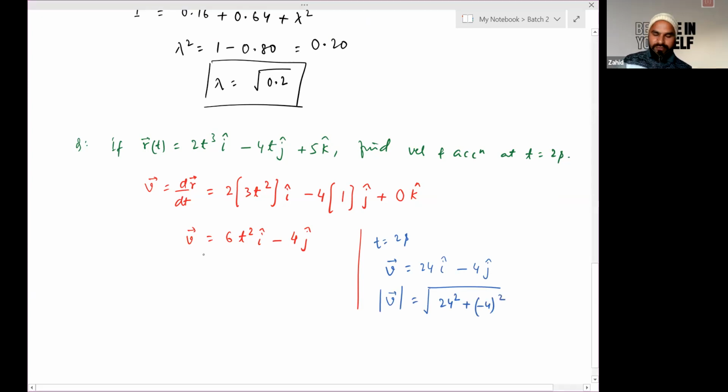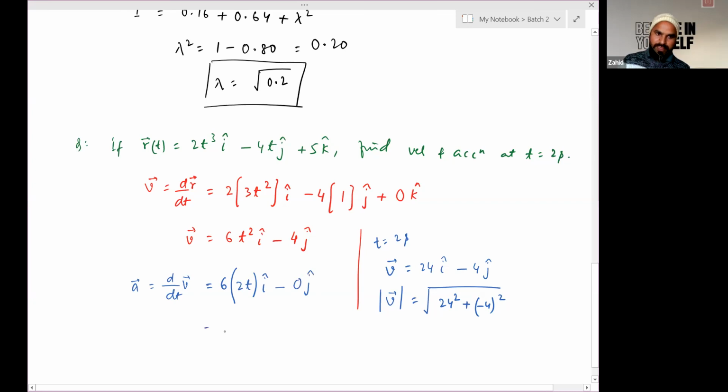Next, if you have to find acceleration, just differentiate this term. Acceleration is equal to 6 as a constant. T square on differentiation will be 2 times t I cap. Minus 4, which is a constant term, on differentiation will be 0.